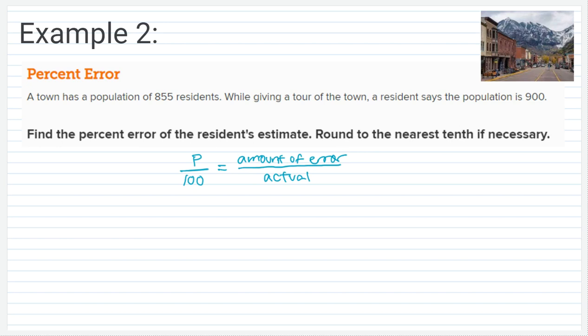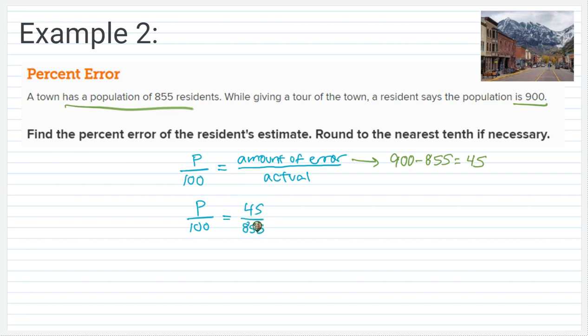So if I take a look at this question, the town has a population of 855. That is the actual. The resident's just estimating and saying, hey, it's about 900 people. So the amount of error is going to be 900 minus 855, and that's telling me 45. So my proportion is going to look like the following. P over 100 is equal to 45 over 855.